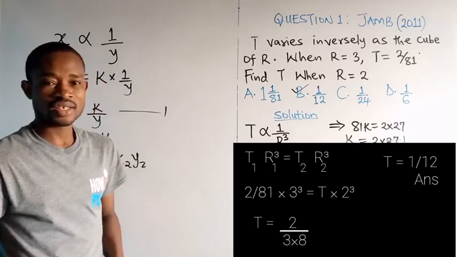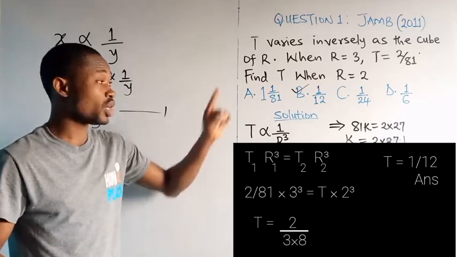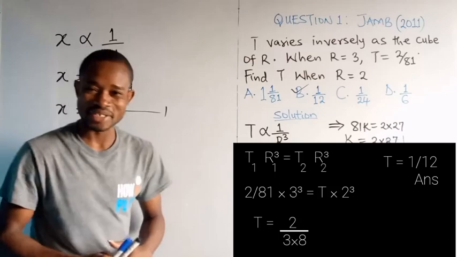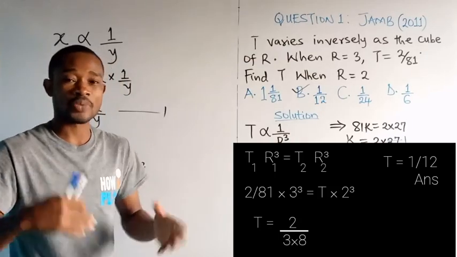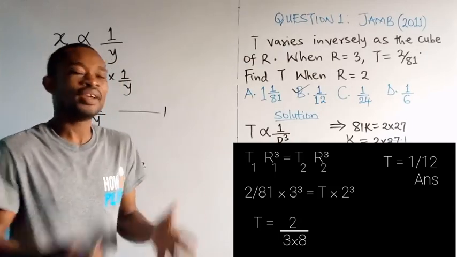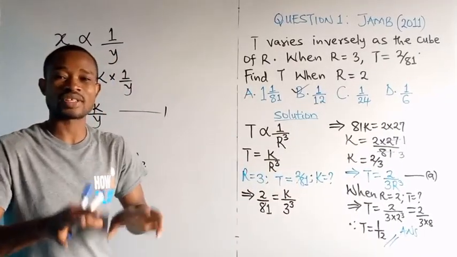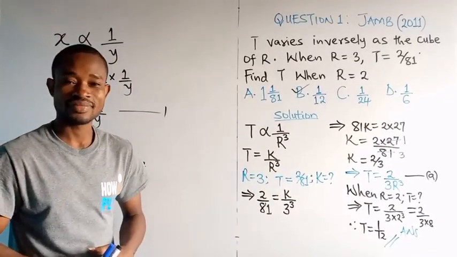If you solve that, you're going to get that your t, which you are looking for in this case, is equal to 1 over 12 as shown on the screen. So that's the fastest approach if you were to find yourself in a real exam hall. But I've decided to do this in the normal way you are expected to know this.